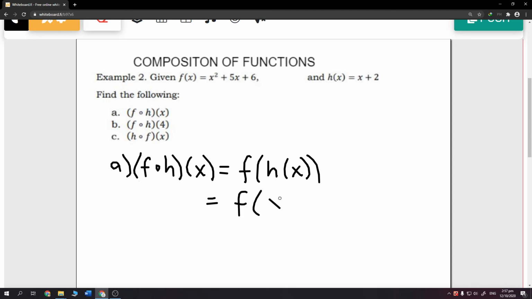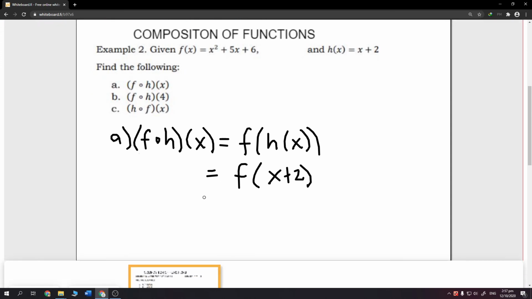Meaning to say, the function h will be substituted into function f. So we have f of x plus 2, our function f is x squared plus 5x plus 6.